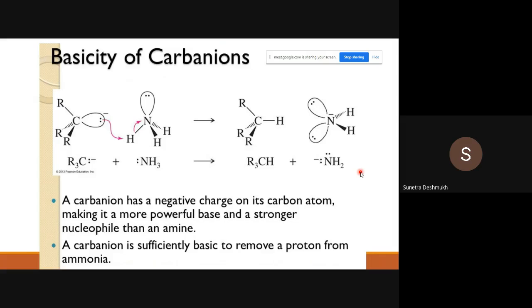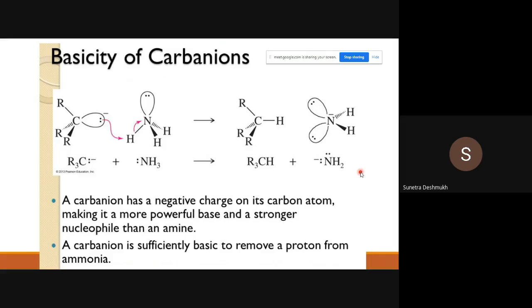Here we have explained the basicity of the carbanion by reacting it with the base ammonia. Again, Grignard and lithiated reagents are highly basic. Once carbon acquires a negative charge, that moiety becomes highly basic.